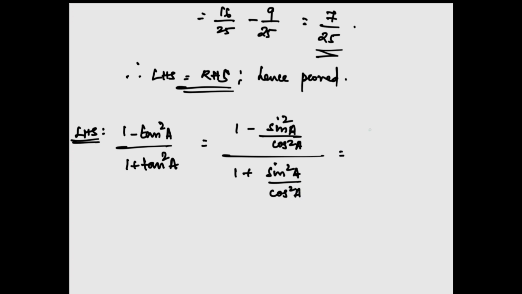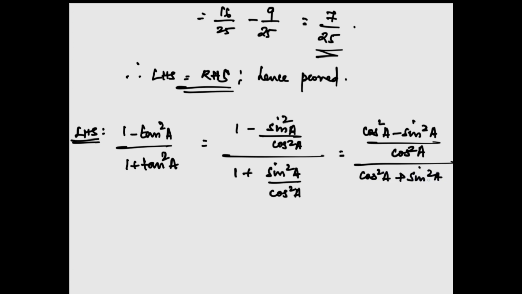Taking denominators common, (cos square A minus sin square A) divided by cos square A, the whole divided by (cos square A plus sin square A) divided by cos square A. We can cancel our denominators.